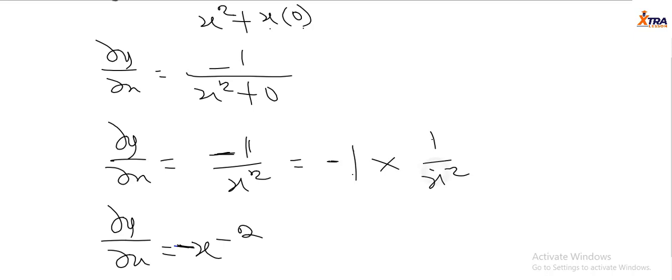So minus 1 over x squared. When we change this to index form, this is now minus 1 times x to the power minus 2. Combining the two, we have minus x to the power minus 2, which is the final answer.